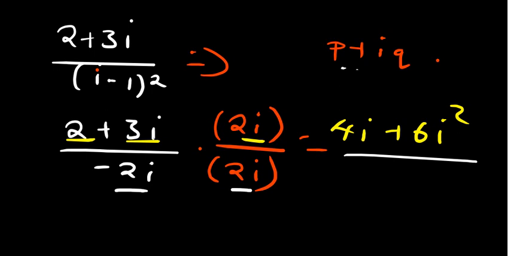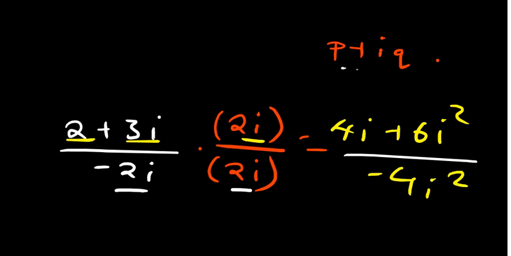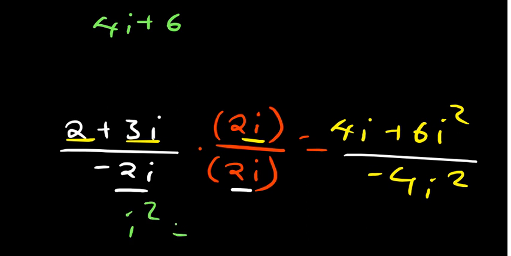You shouldn't be keeping quiet to expect somebody else to respond on your behalf. So what do we have on top? Where there's i squared, what are we going to put? We said i squared is equal to what?